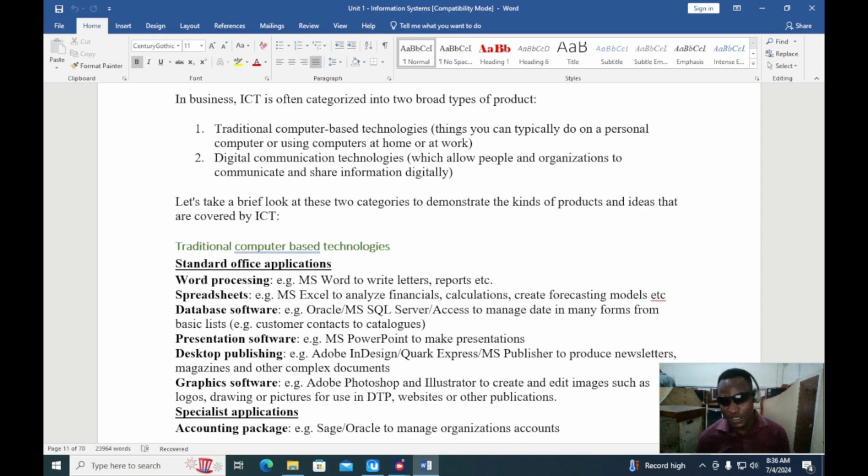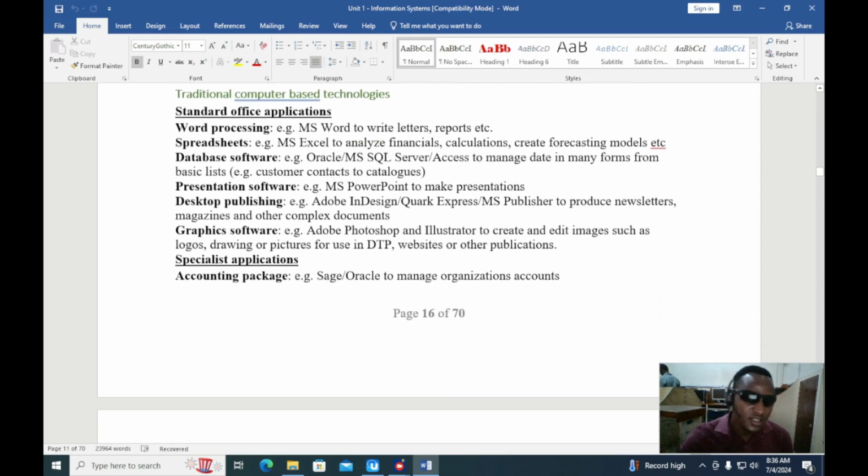Okay, so we are going to briefly look at these two categories.